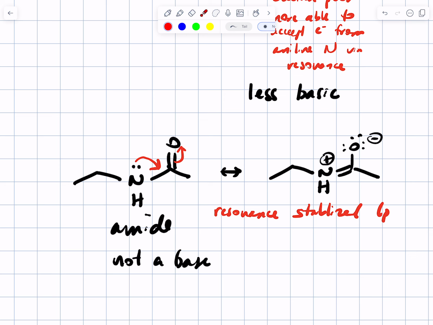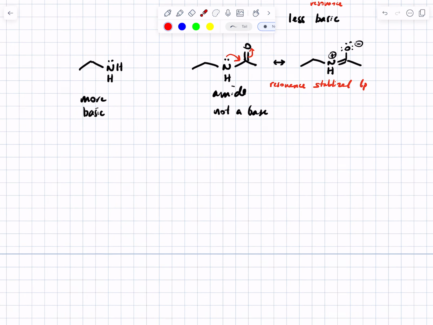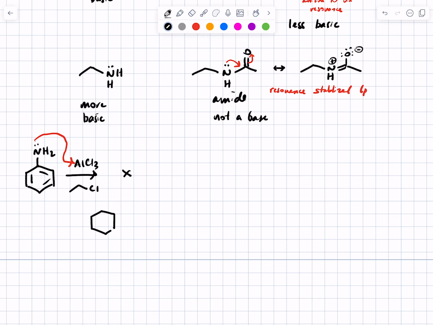Okay, you've seen this kind of thing a little bit before, amides versus regular amines. In fact, that was the basis of something I told you just a couple of days ago. You'll recall that when you try to do the Friedel-Crafts reaction on a benzene ring that has an amino group on it, you don't get the desired product because the aniline lone pair attacks the aluminum, generating this sort of weird Lewis acid-Lewis base complex in which the nitrogen's bound to the aluminum.